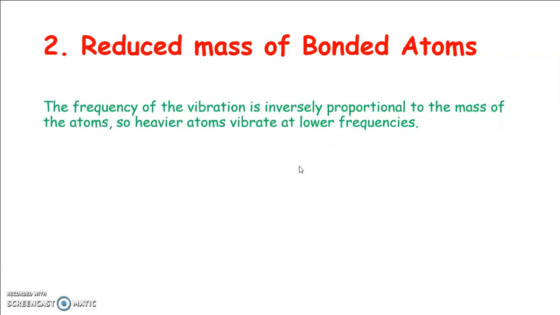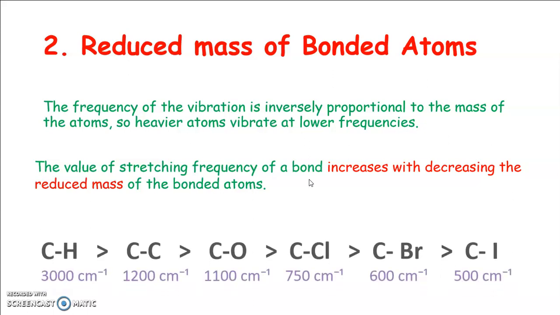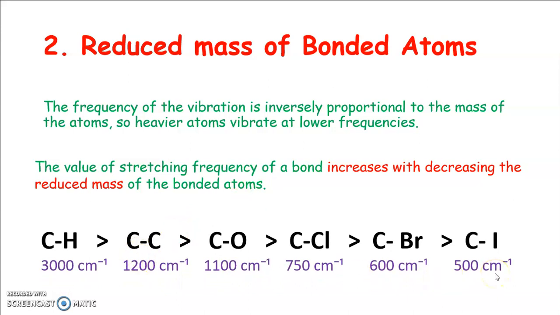Thus, the heavier atoms vibrate at lower frequencies, and the value of stretching frequency of a bond increases with decreasing reduced mass of bonded atoms. Here we can see that as the atoms attached to carbon increase in mass, the reduced mass increases, and hence the frequency of vibration decreases.